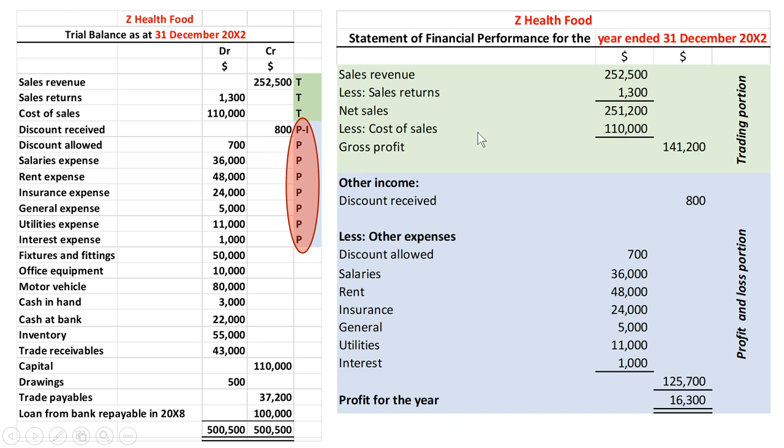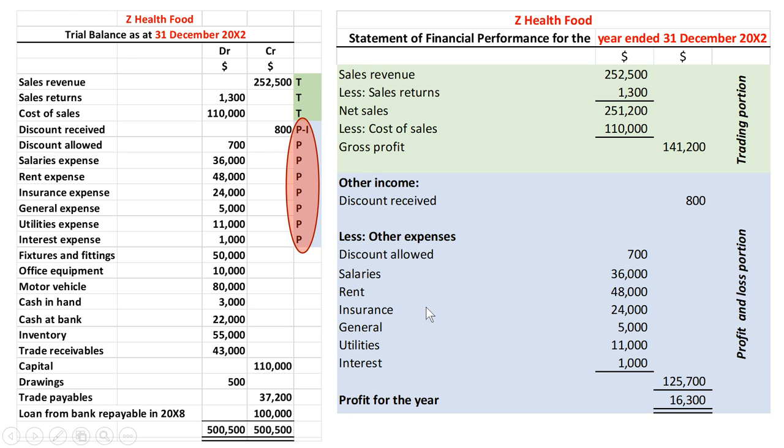Now the green section is what was prepared earlier, and now we move on to the blue section. The first item in the blue section is always other income. There's only one other income item for this particular trial balance. That is the discount received. Because there's only one item, there is no need to list totals, but we put the single amount all the way to the subtotal column here.